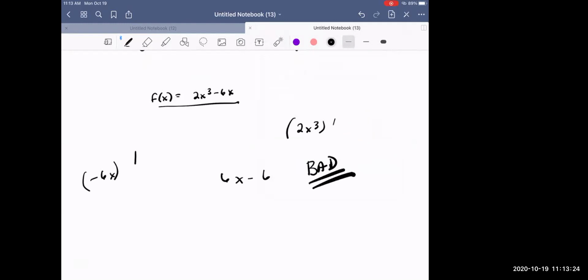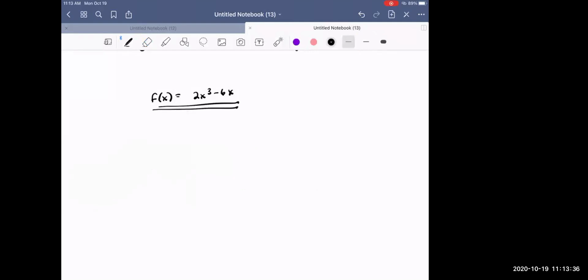When you take the AP exam, you're not going to get any points at all for this. What the grader needs to see, and what you need to start improving upon, is you write down the original function and then you tell the grader the derivative of this is 6x squared minus 6. And they understand that you're using the power rule there, so it's no big deal.